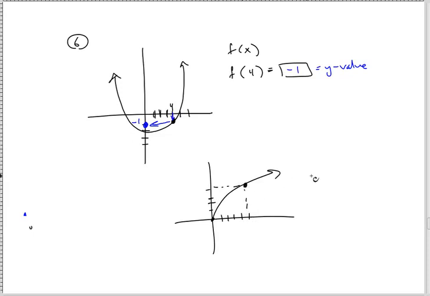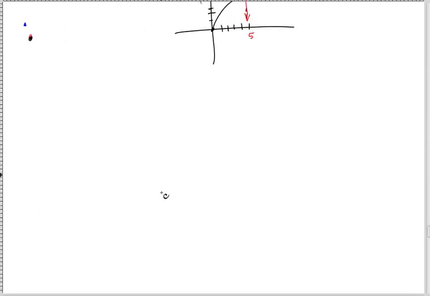And so the question now is f of x is equal to 4. What is your x value? It's going backwards. And so notice that I start here at 4, and then go down. You can see that it's going to touch at 5. x is 5. So this was my y value. Now they want the x value. It's going backwards. A little different, but I wanted to at least show you the two different styles that might come on your homework.